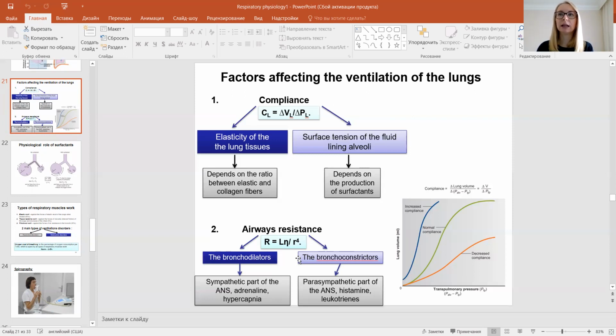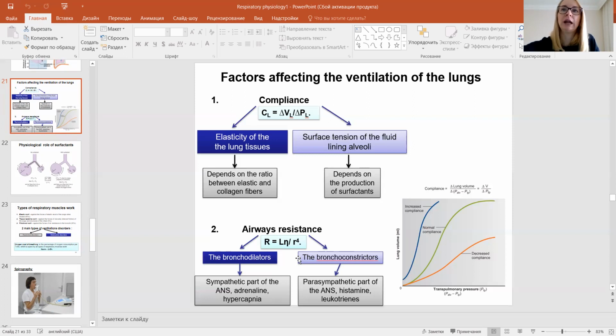The cartilaginous elements in the walls of these bronchi prevent sharp changes of their radius. Nevertheless, their resistance essentially increases during intense mucus secretion of bronchial epithelium and makes pulmonary ventilation difficult.